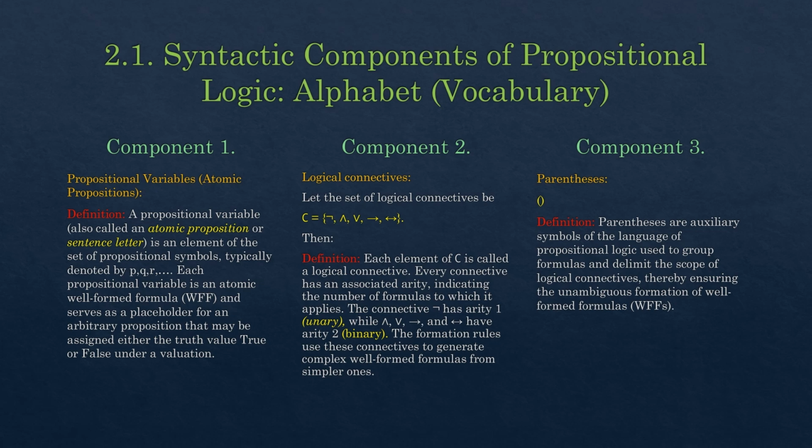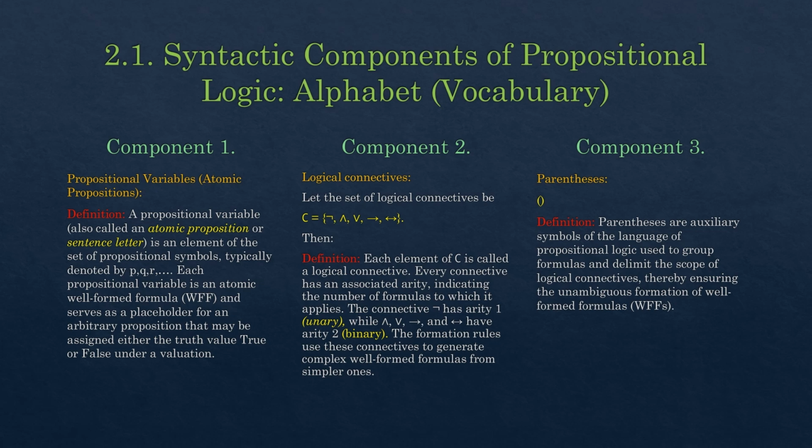And what about component 1? Here we can speak about the propositional variables, or we can name this component the atomic propositions. Let's start with the definition of propositional variables. How can we define this concept?